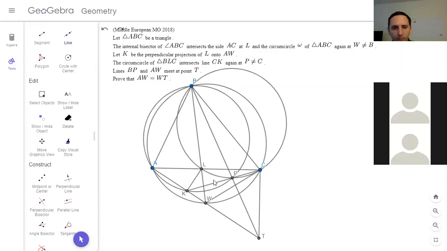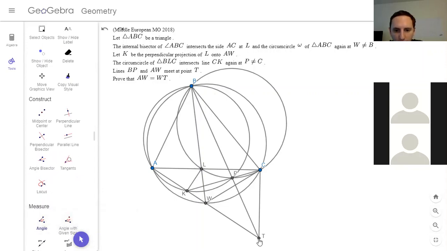Maybe we could do something with symmedians. I don't know. I wonder if TB is a symmedian. Let's see, LTK, BTC. No. Yeah, we just have to show this is cyclic. We could try power of a point. I don't know about that.